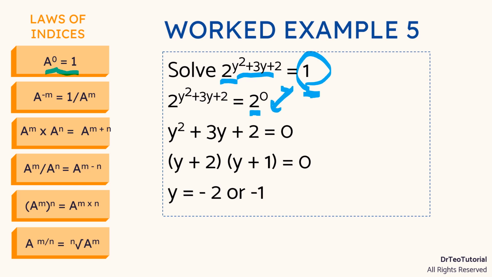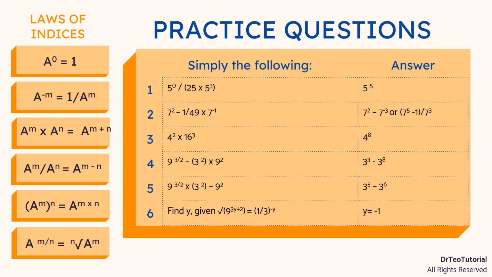Essentially, these two are the same. With that, we can look only at the indices on top and solve the problem. So this is what we have done. We equate the indices on this line and then factorize it to eventually get the answer of minus 2 or minus 1.